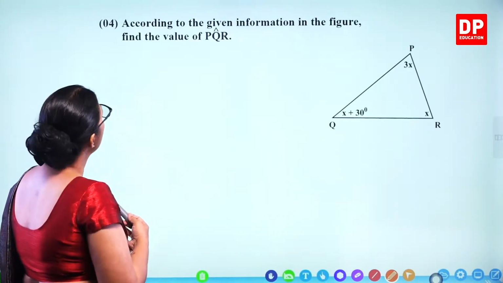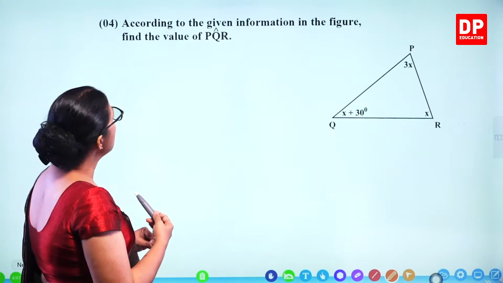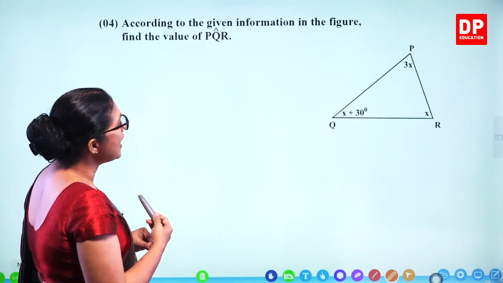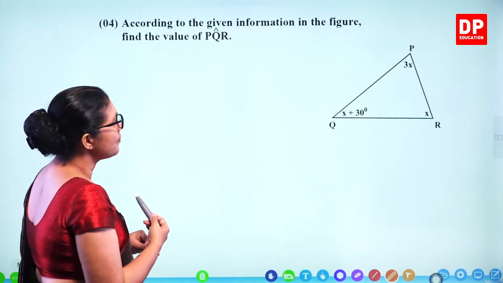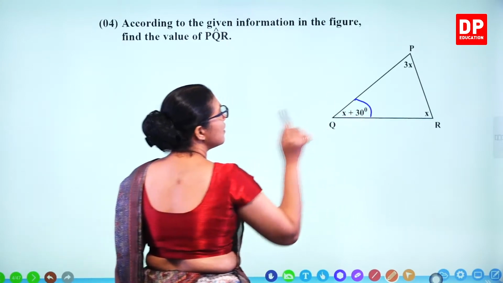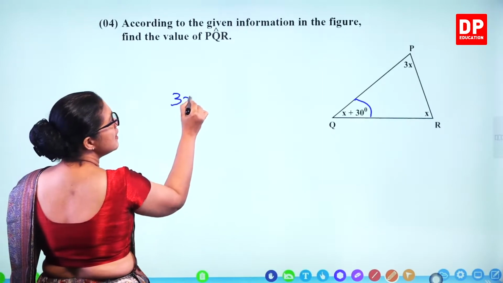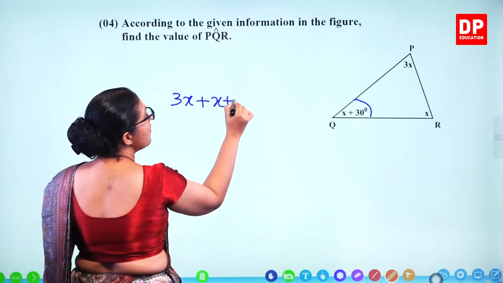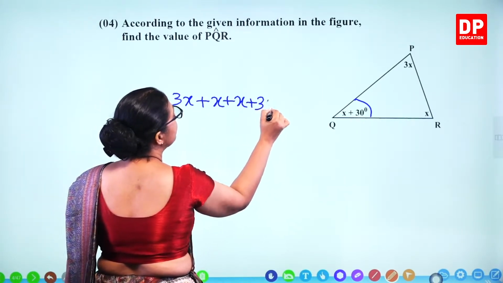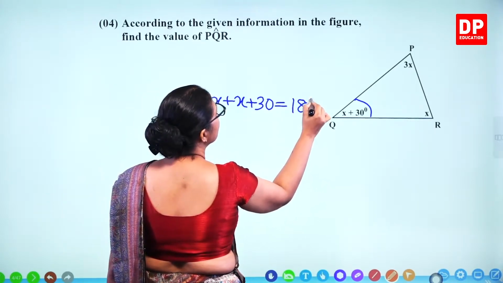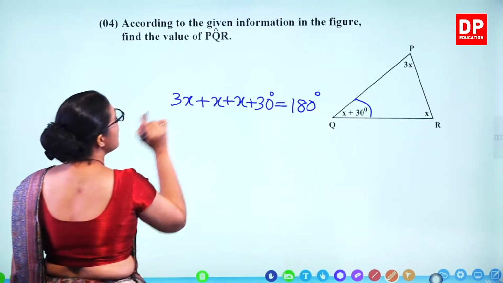Question number 4. According to the given information in the figure, find the value of PQR. We know the sum of angles in a triangle is 180.